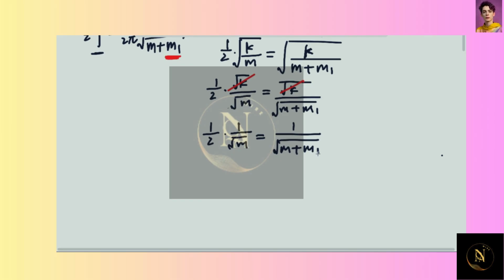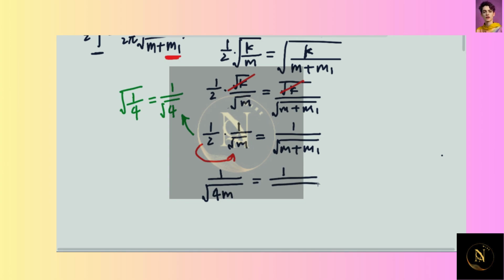The next step we should do is to take the 1/2 and try to insert it into the square root. So we know that 1/2 is actually square root of 1 over 4, which can also be written as 1 over square root of 4. So the next step will give us something like 4 times m, because square root of 4 times square root of m is going to give us square root of 4m.